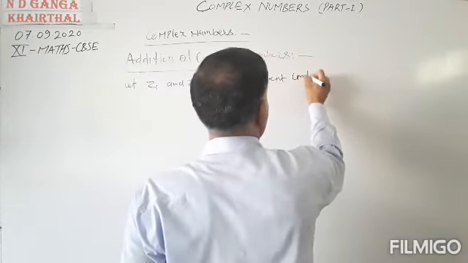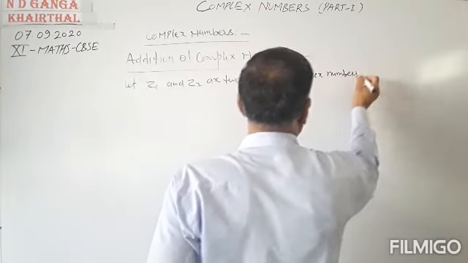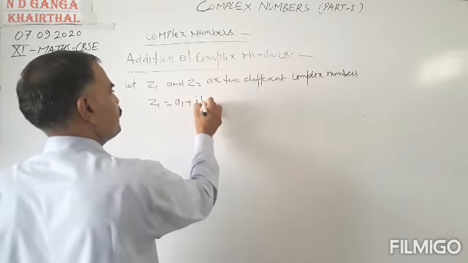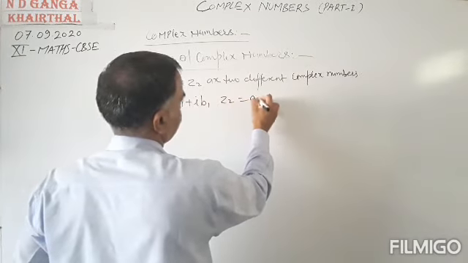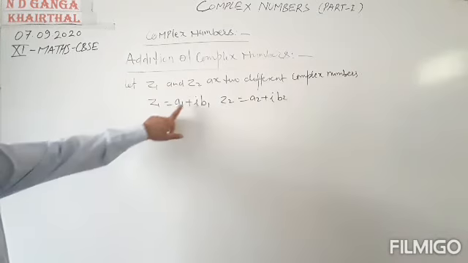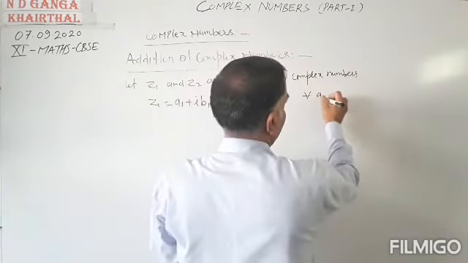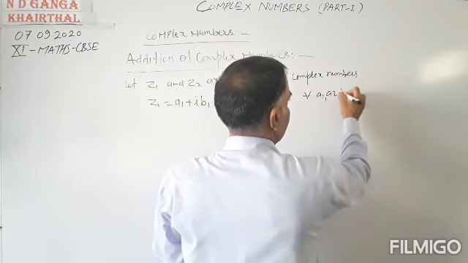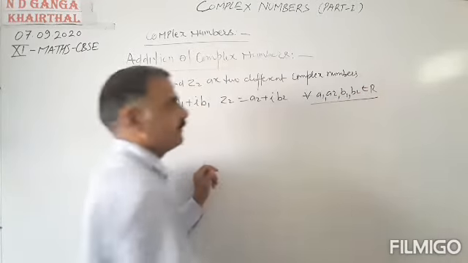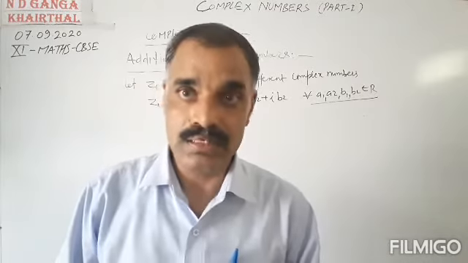Then z1 is equal to a1 plus iota b1 and z2 is equal to a2 plus iota b2. Here a1, b1, a2, b2 belong to the set of real numbers.